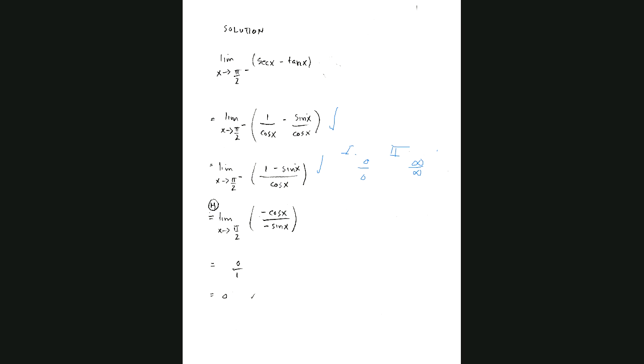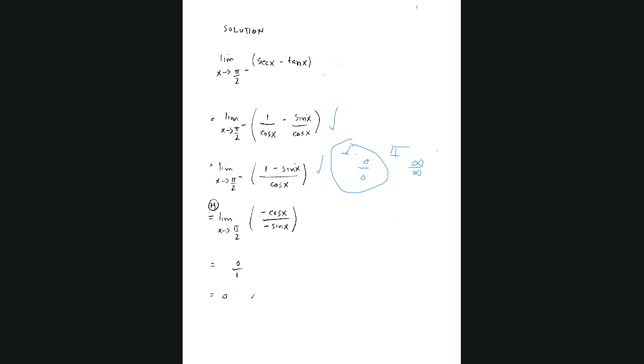That's right, Rodrigo, 0 over 0. Because the sine of x approaches 1 as x approaches pi over 2, in the numerator you're getting 1 minus 1, which is 0. And in the denominator, the cosine function approaches 0 as x approaches pi over 2. So we do have the first indeterminate form, and we're going to use L'Hopital's rule.